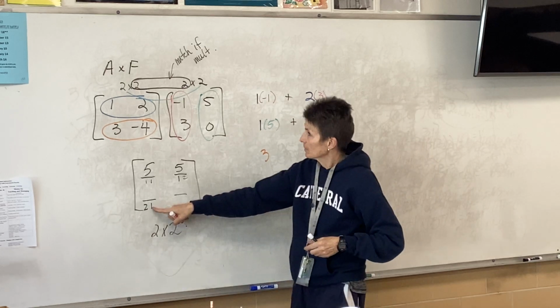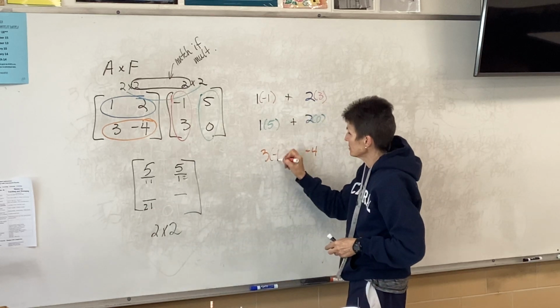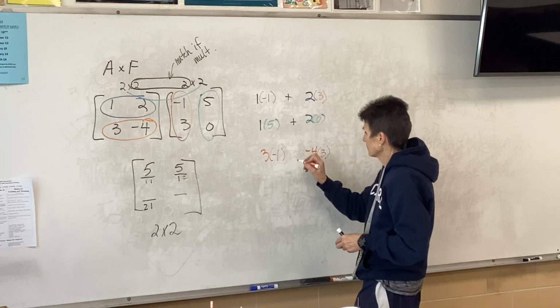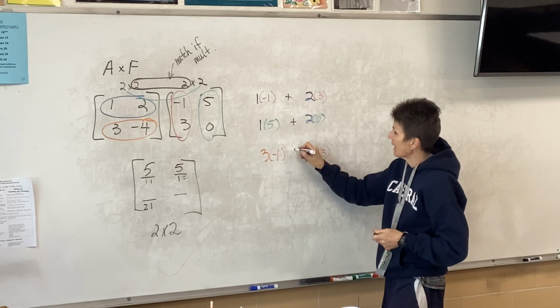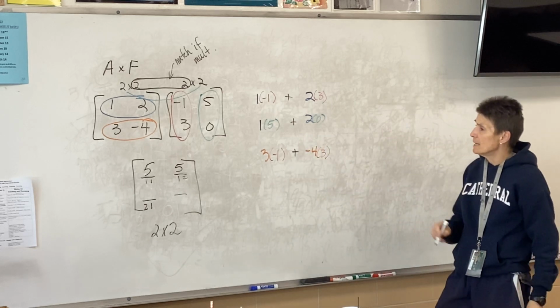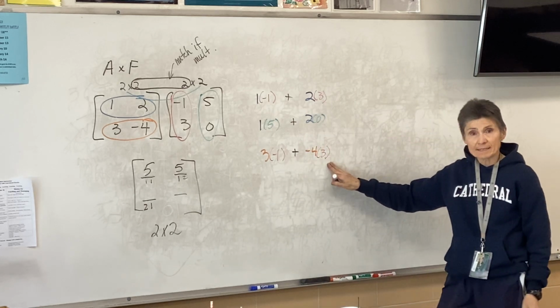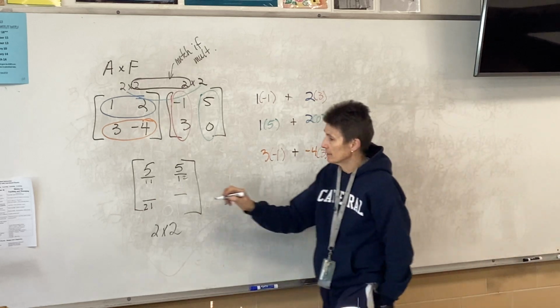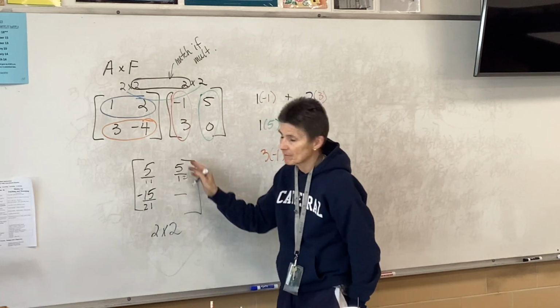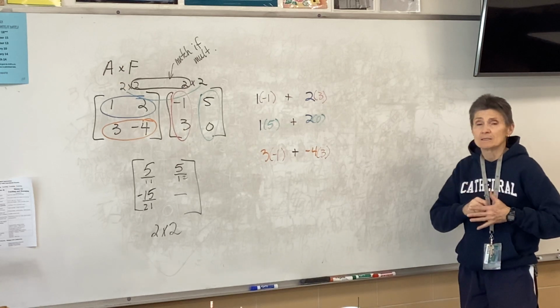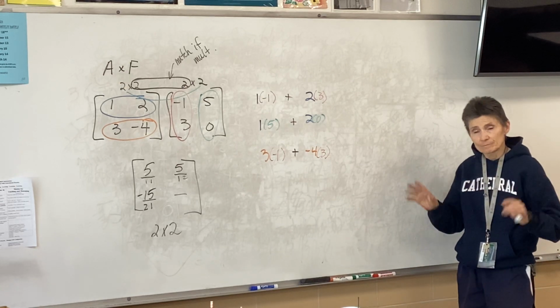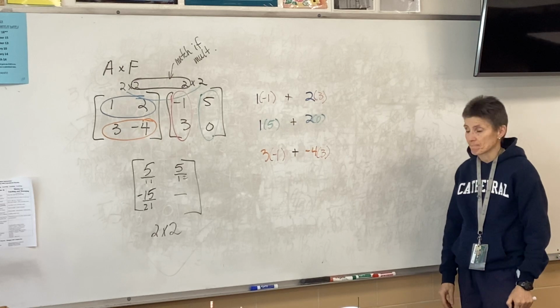Next to them, write your first column numbers. Multiply each pair and add them up. So -3 and -12, -15. Again, these are totally random. Please don't be searching for any patterns. You're going to find one. You get what you get.